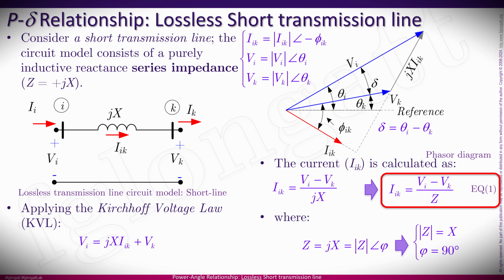The model that we use for calculating the steady state electrical parameters and variables in those circuits is extremely important because it defines the total performance of the transmission line.